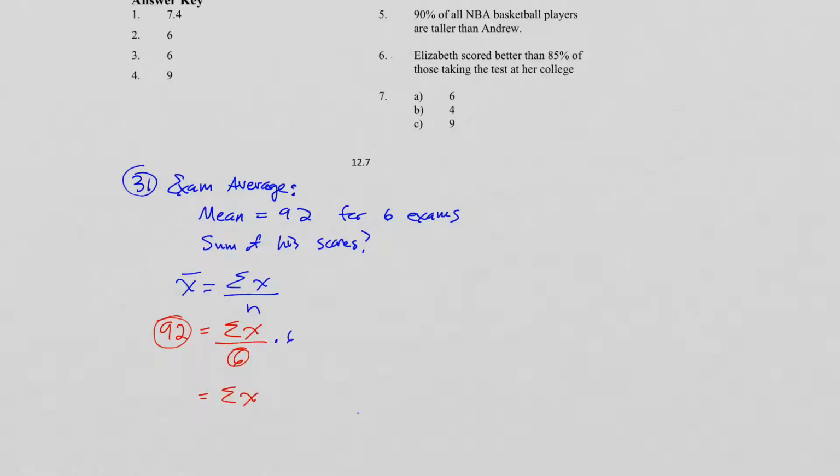So that's basically coming from multiplying by 6 on both sides. So 92 times 6 is going to be 552. Okay. So the sum of all his test scores is 552. Okay, that is going to get him a nice little A. Okay, or A minus.